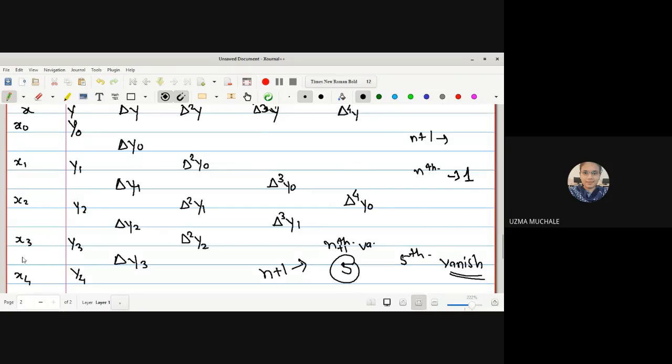For a set of 5 values, the fourth order difference has only one value. In the very similar way, here we have a set of n plus 1 values. The nth order difference will have only one value, and the n plus 1th order difference will vanish, or we can say it is 0. Are you getting this?